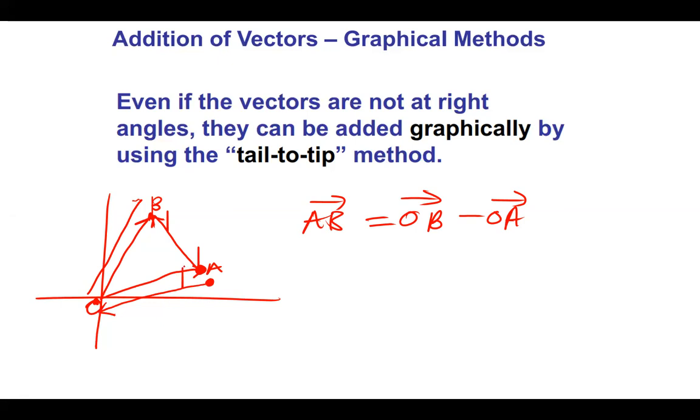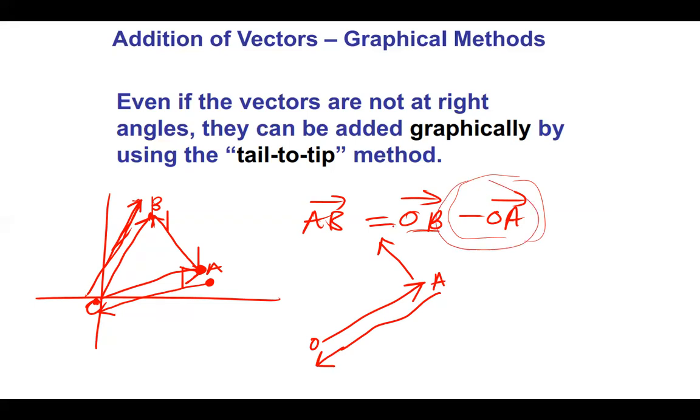If we're going against the direction of OA, it means that we're going to have a negative on OA. Then for OB, we'll just use its direction like that, so this one remains positive. What I mean is that we know that OA is in this direction, but when moving from the tail to the head, we first move against OA, which makes it a negative OA. Then from there, we'll move from O and then go to B.